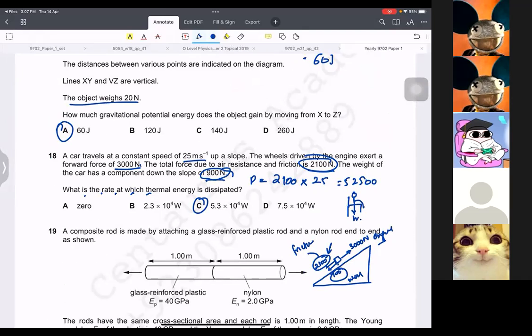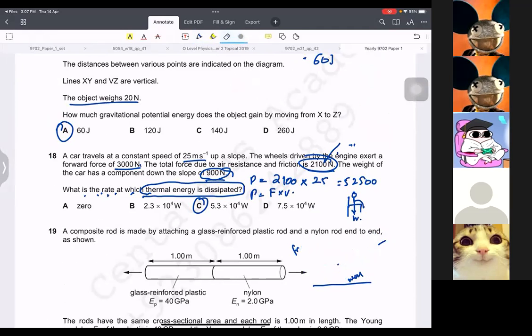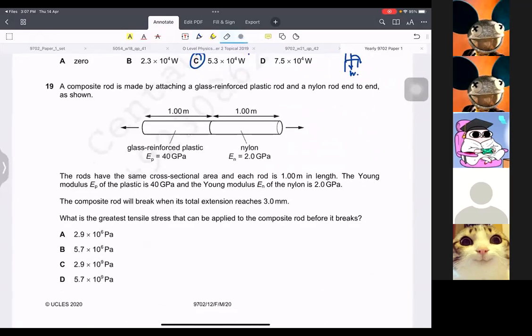Is it producing heat? No. So it says which force, at which rate thermal energy, thermal means heat. Only friction can do that. So we're going to pick the force that is equal to friction and use it to find power, which is force times velocity. All right? Oh, okay.